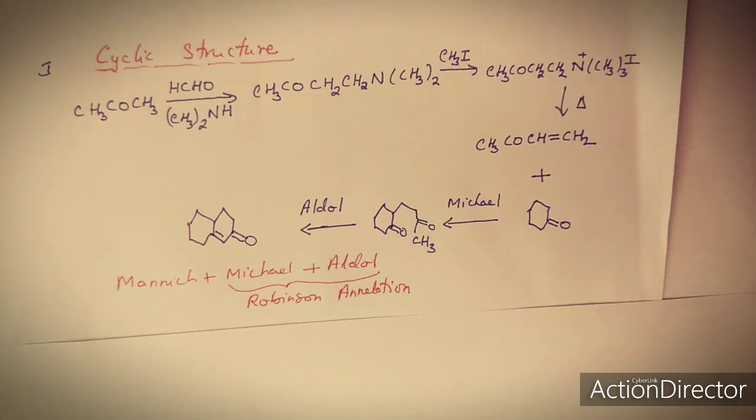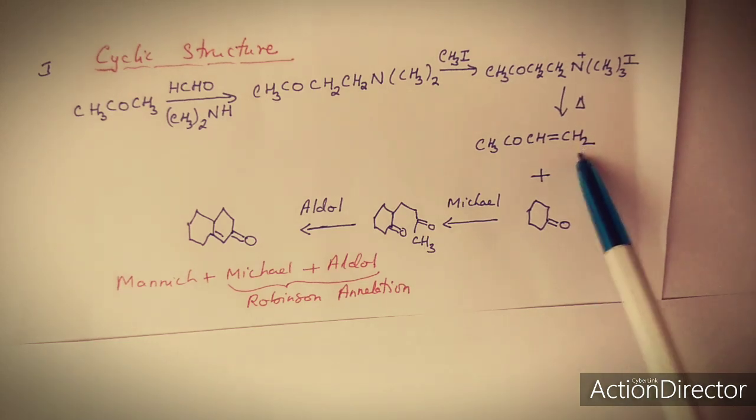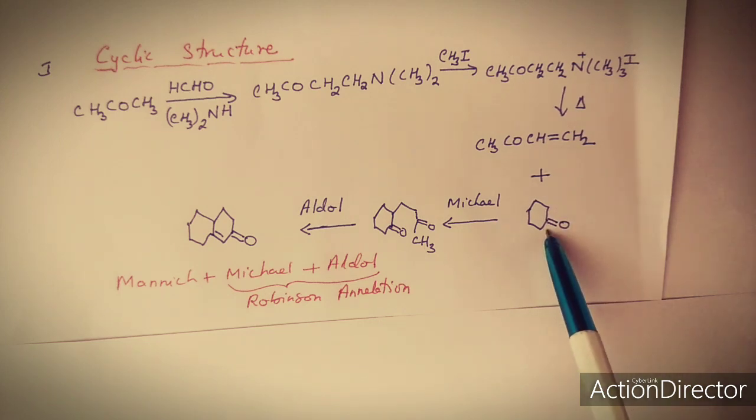Now this is a step further where we are using our Mannich reaction for cyclization. So the Mannich reaction can also be used for cyclization, by reacting later as a Michael acceptor, because this is what is formed from the Mannich reaction, this Michael acceptor, and this is the Michael donor.